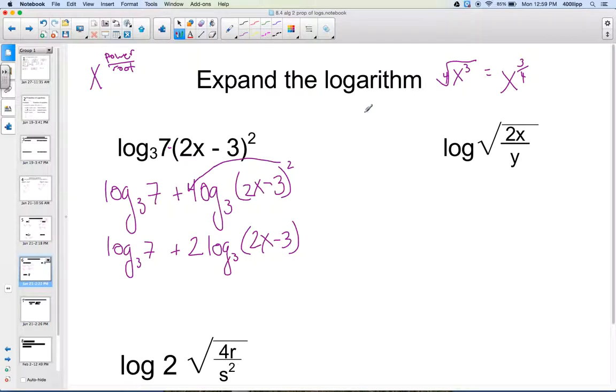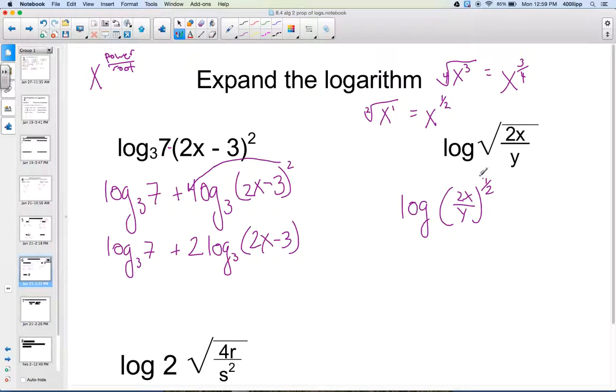So if we have the square root of x, we know that if there's no power written in, it's a 1. And if there's no root written in, it's a 2, square root. So this will be the same as x to the 1/2 power. So if we rewrite this one here, this is log of (2x over y) all to the 1/2 power, because our power is a 1 and our root is a 2, and it's all underneath the radical.